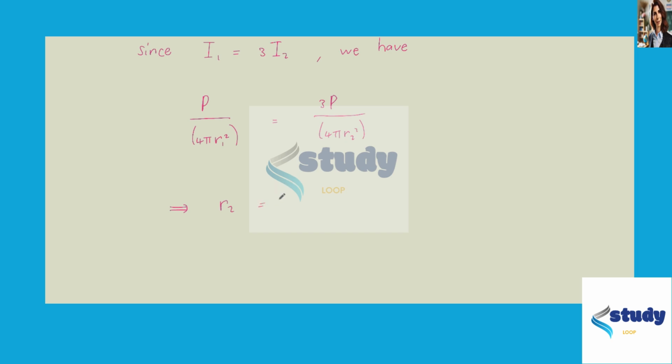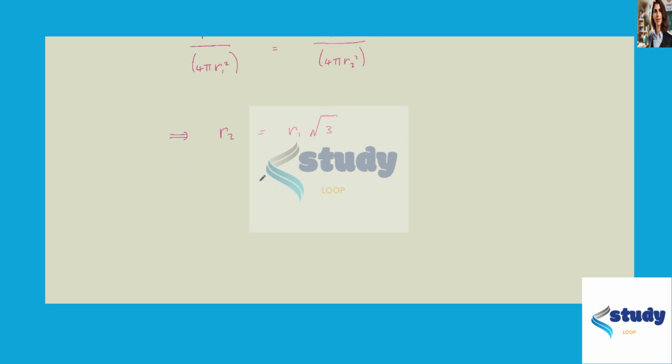So r2 is equal to r1 times root 3, which is equal to 562 meters times the square root of 3. So we actually find r2 to be 973 meters. And using r1 and r2, we can go back to our equations for the time.